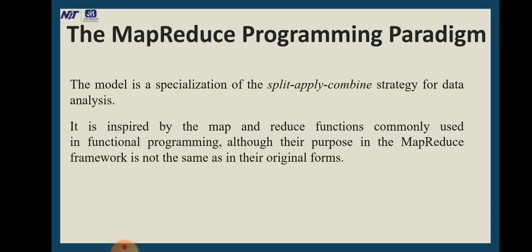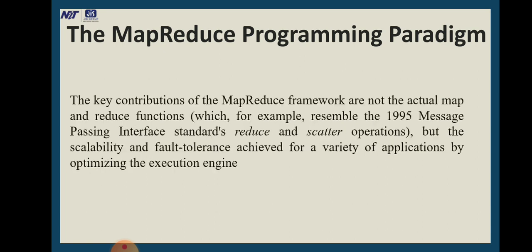The MapReduce programming paradigm is inspired by the map and reduce functions commonly used in functional programming, although their purpose in the MapReduce framework is not the same as in their original forms.